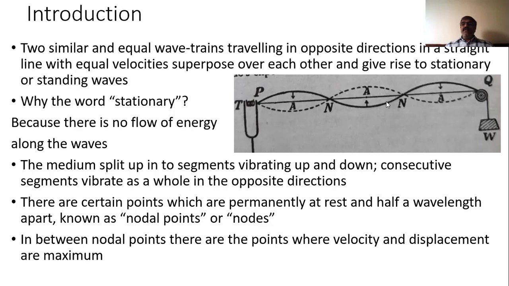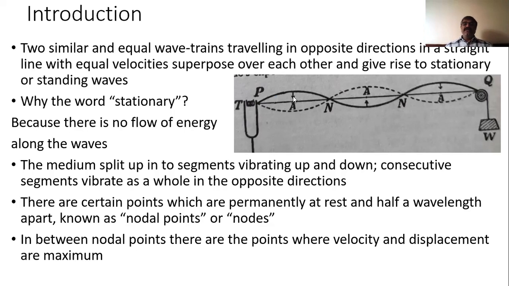In a stationary wave pattern, the whole medium is found to be divided into two types of segments. The segments are exactly in the opposite direction. If you are looking at this segment, the particles are vibrating in the downward motion. If you are looking at this segment here, the particles are vibrating in the upward motion.